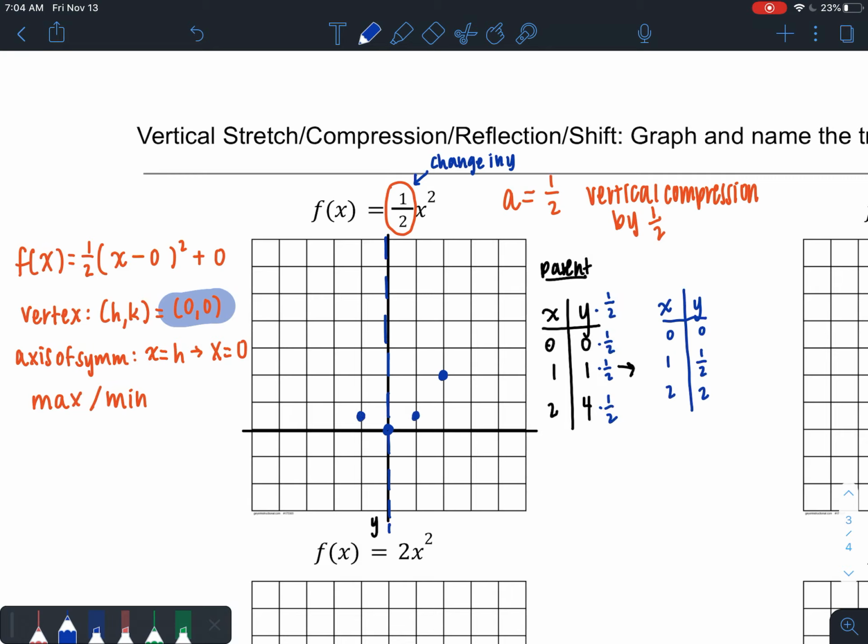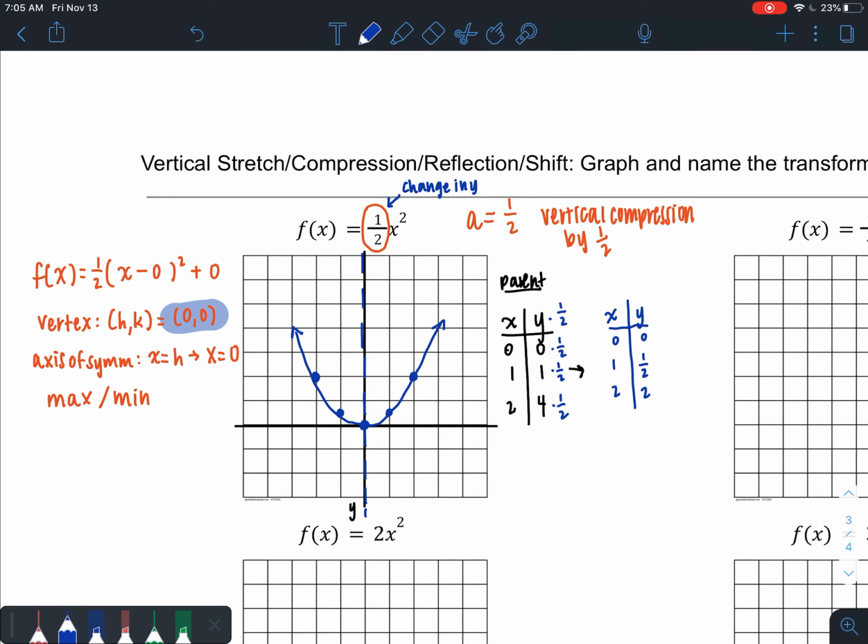So this is 1, 2 away, and we go 1, 2 away. Then I can just graph this. So using the axis of symmetry saves us from having to graph all of those points.